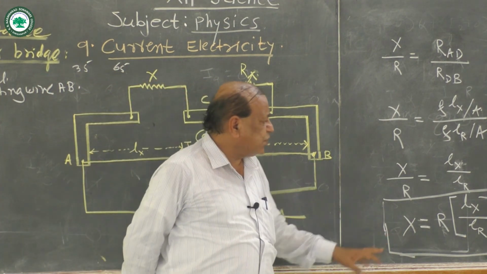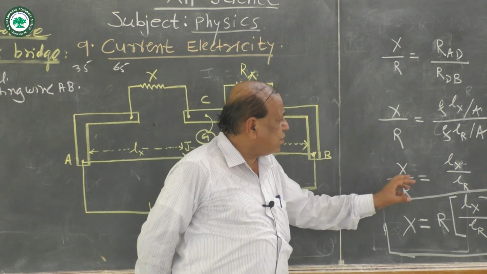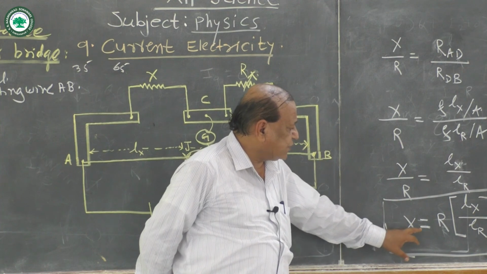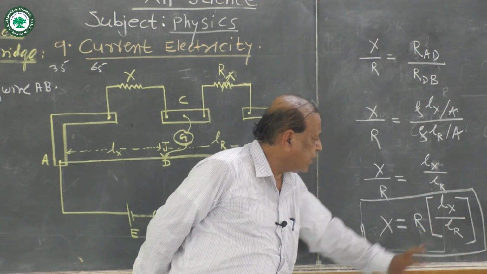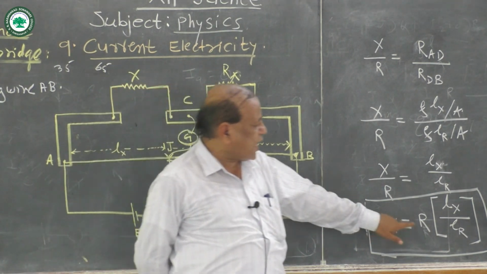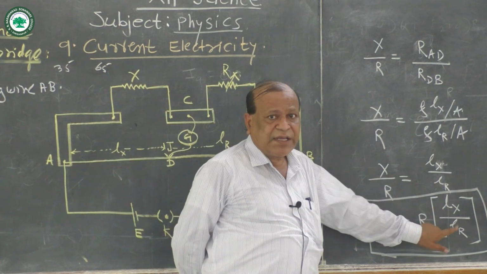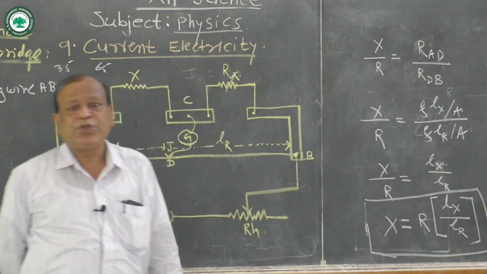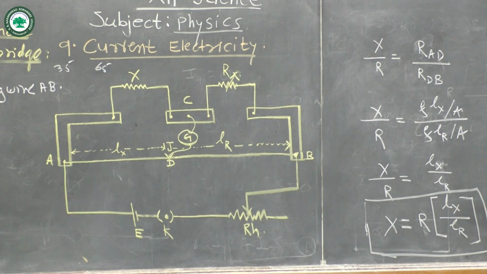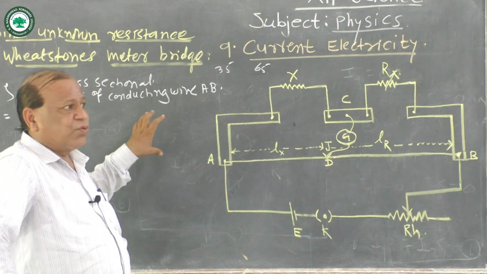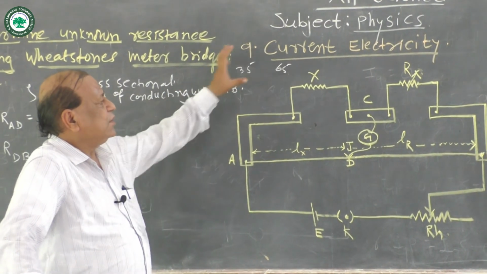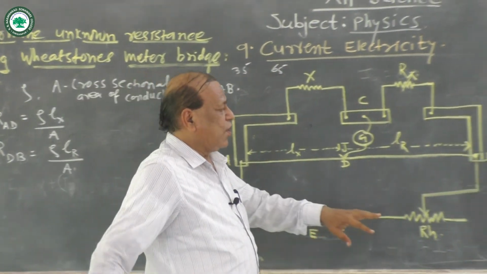That gives the values of LX and LR. Equation becomes here X is equal to R into LX upon LR. Putting the values of R, LX and LR, we can calculate the unknown resistance X using this Wheatstone's meter bridge. This is the experiment. This experiment we have to do in our laboratory. We can easily calculate the value of X here.